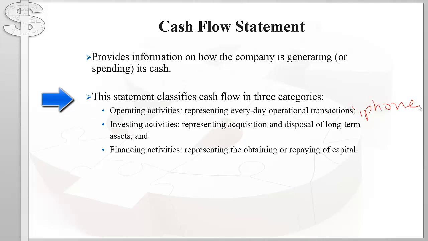Next category is the investing activities, which represents acquisition and disposal of long-term assets, such as plant, property, and equipment. And finally, we have financing activities, which represents obtaining or repaying of capital. For example, we could have long-term debt.